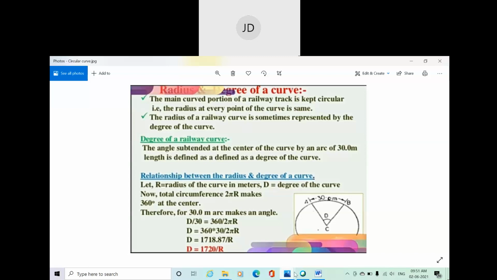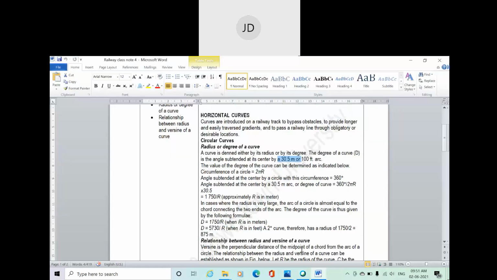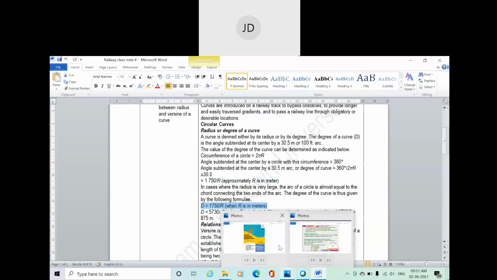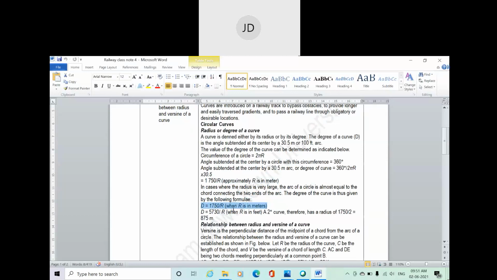So this is all about your horizontal curve. Even here it is already given, with R in meter. So basically you should know about this 1750 or 1720. If you consider R in meter, it will come as 1750 by radius.